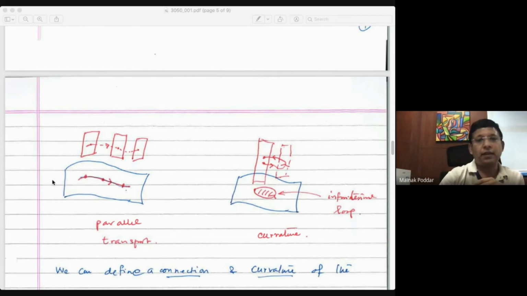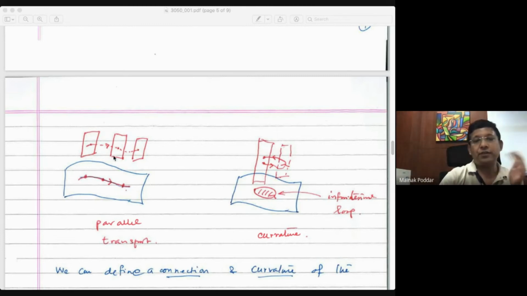So if you look at the overall total space of the bundle and you look at the tangent space of the total space, or the tangent bundle of the total space, then at every point there is a well-defined vertical direction. There's the tangent space of the fiber, and the fiber is a vector space. So the tangent spaces of the fiber can be identified with the vector space fiber itself.